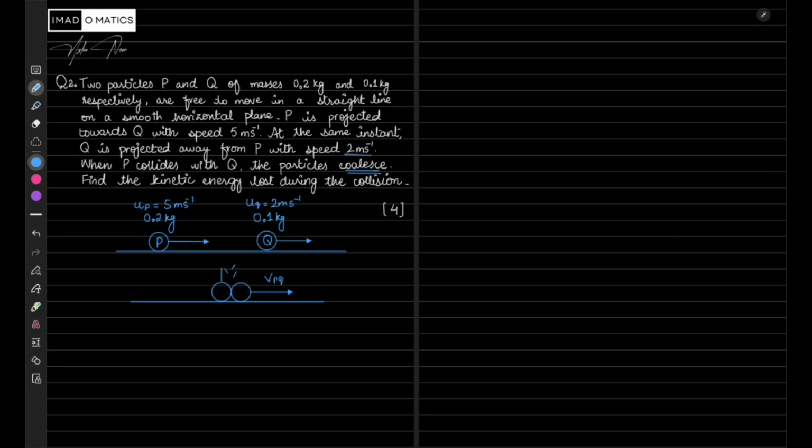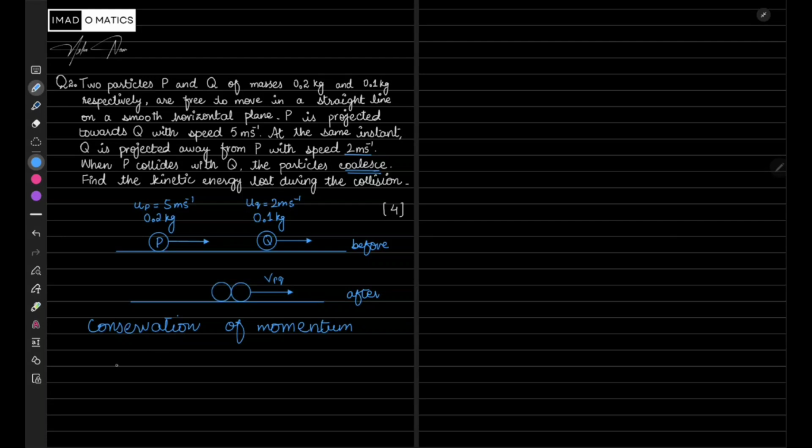So as always, we will be applying the conservation of momentum. Conservation of momentum says that total momentum before the collision should be equal to total momentum after the collision. This is before and this is after.